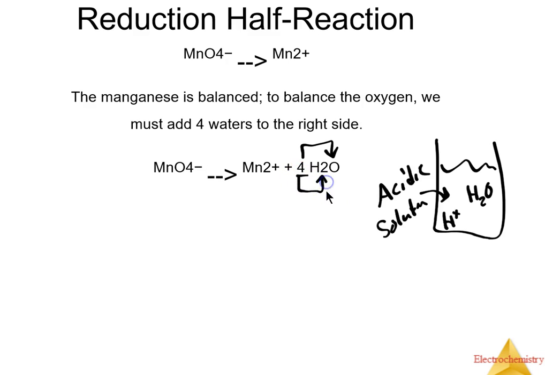Balance hydrogens by adding what? H+. How many hydrogens are there? 8. 4 times 2. So I'm going to add 8 H+. Okay. What's the next step? All right.